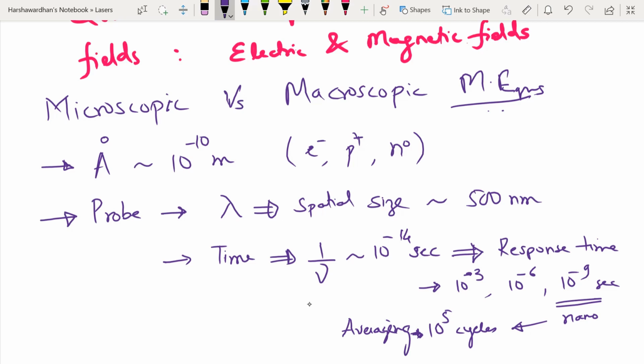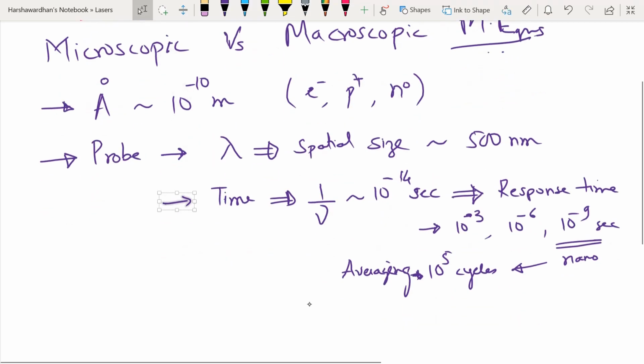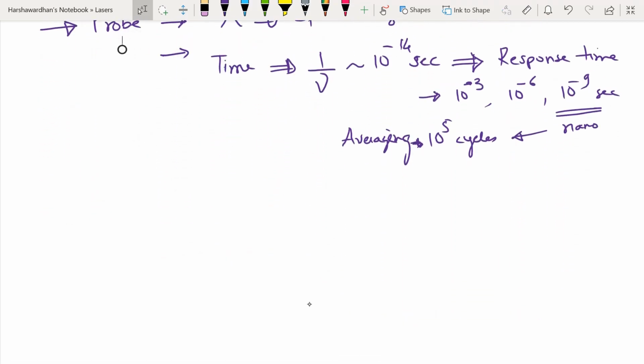Once you're doing this, we have these various scales. There is an intrinsic inbuilt scale, and there is a macroscopic scale of measurement. The question one asks is, does one really require the detail of the microscopic scale, or can one do without it? That is where this transition between microscopic and macroscopic happens.